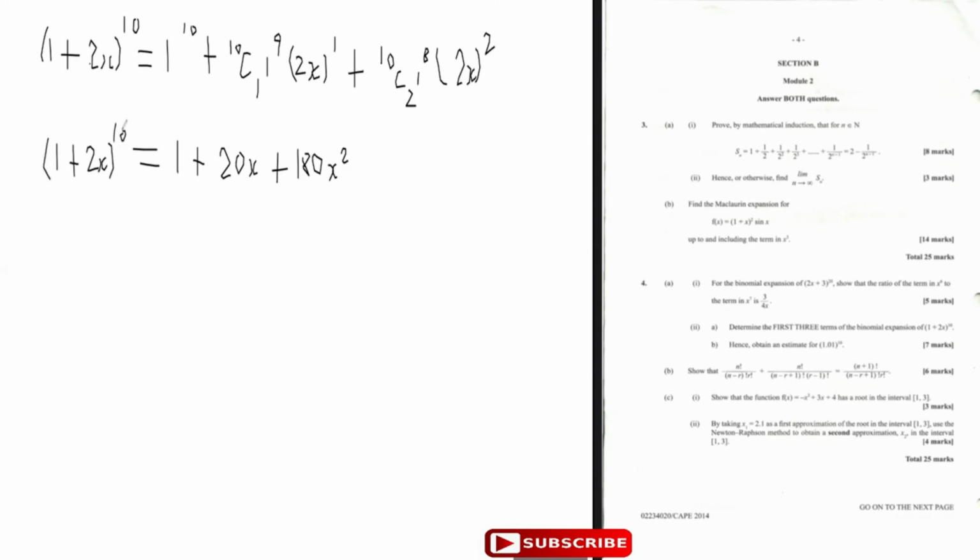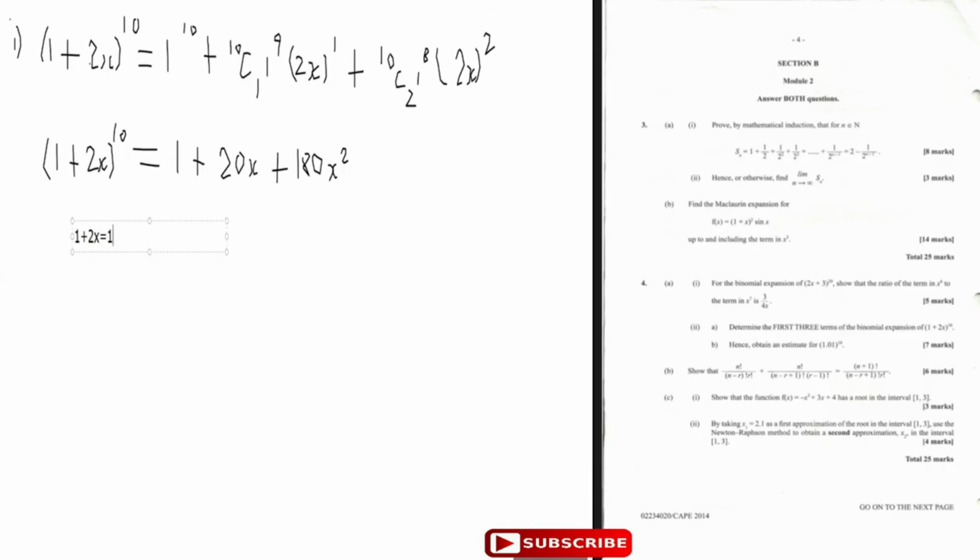All right, now since that's (1 + 2x)^10, that's part 1. Next part says, hence obtain an estimate for 1.01 to the 10th power. So to do the estimate part, we need 1 + 2x to be equal to 1.01.